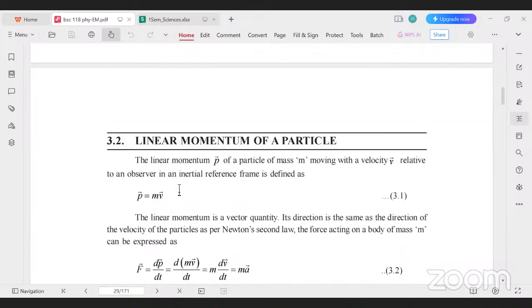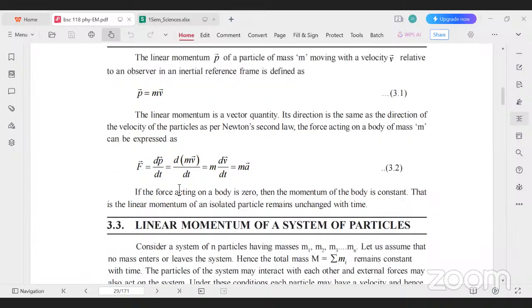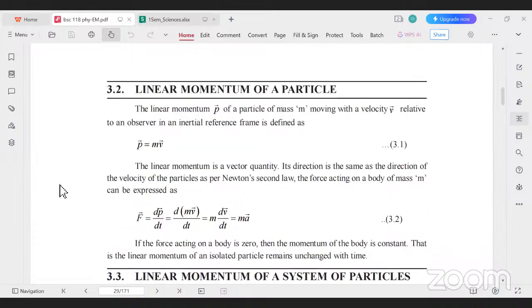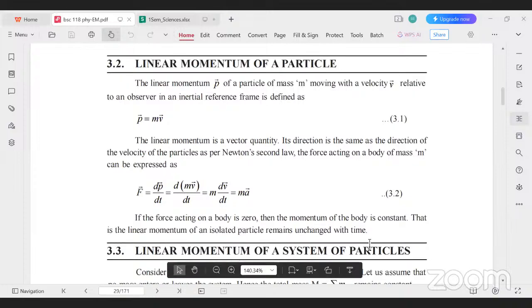Next, linear momentum of a system of particles. First we studied the momentum of a single particle; now we are talking about a system of particles. Why is this explanation given?